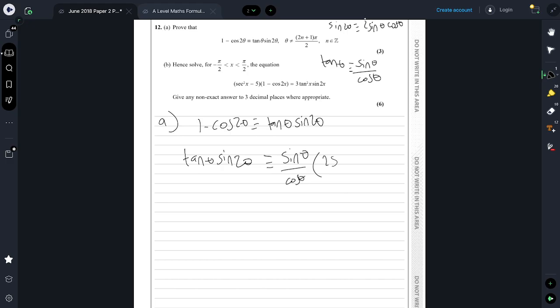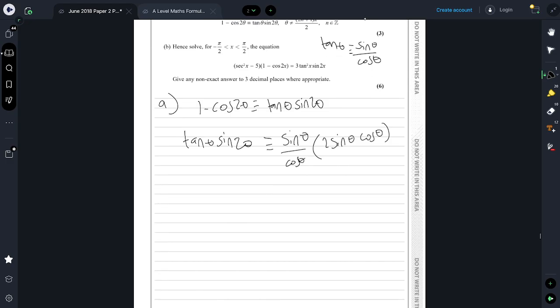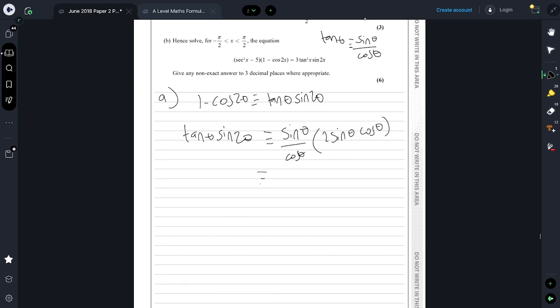So that's going to be sine theta over cos theta times 2 sine theta cos theta, and the cos thetas cancel out. So you're left with 2 sine squared theta.